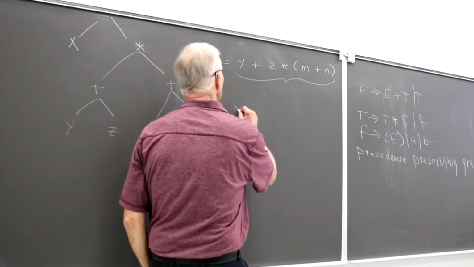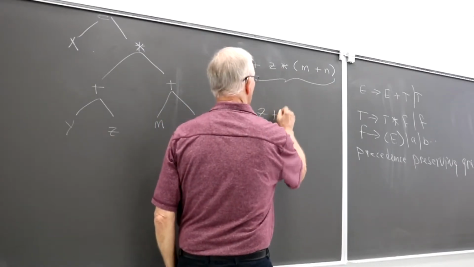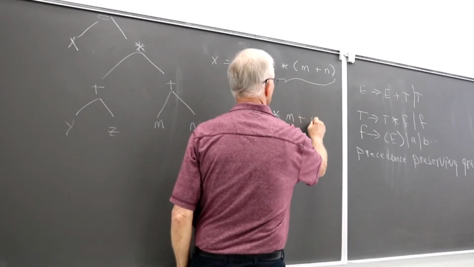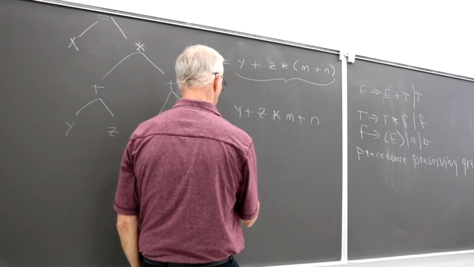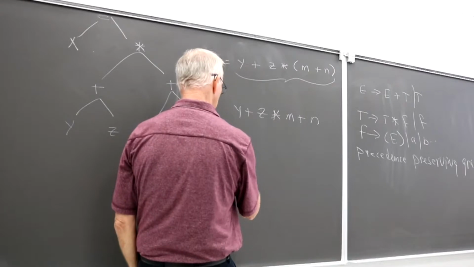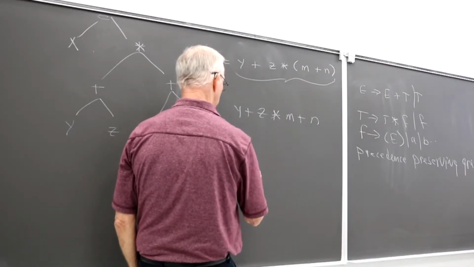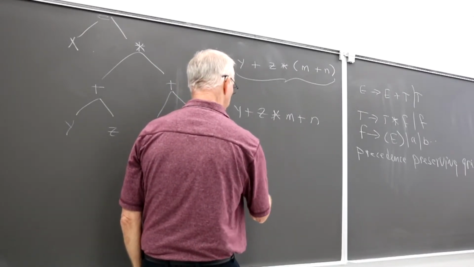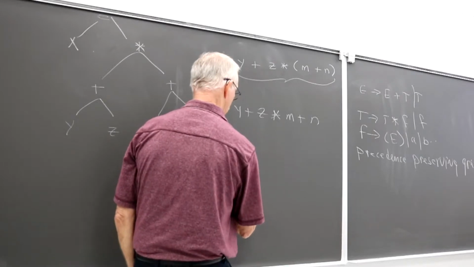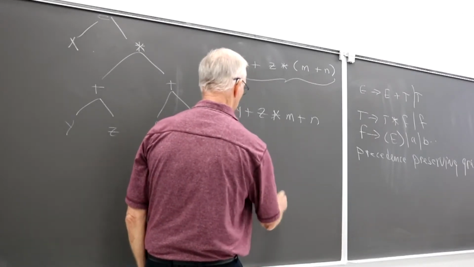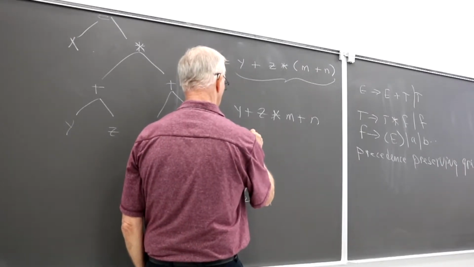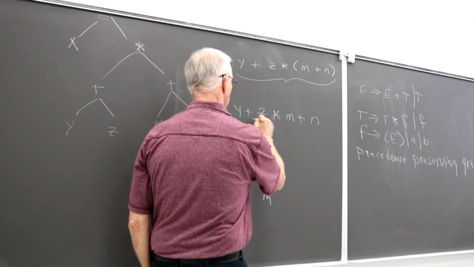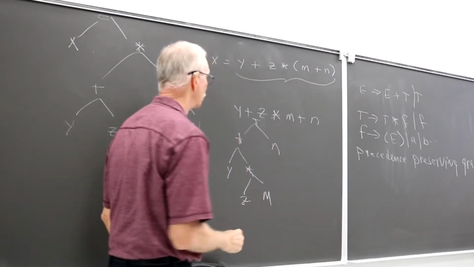Now, if it were written y plus z multiply m plus n, then the parse tree would look like this. It would look like y plus z multiply m plus an n.